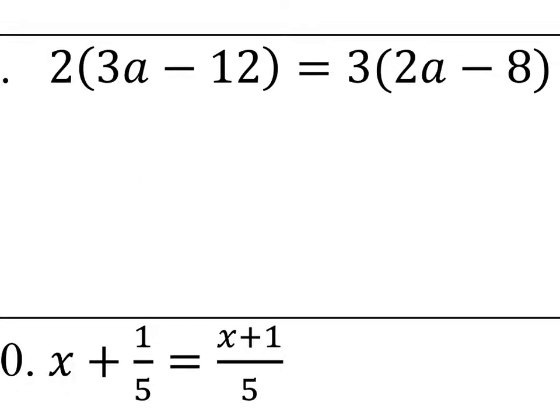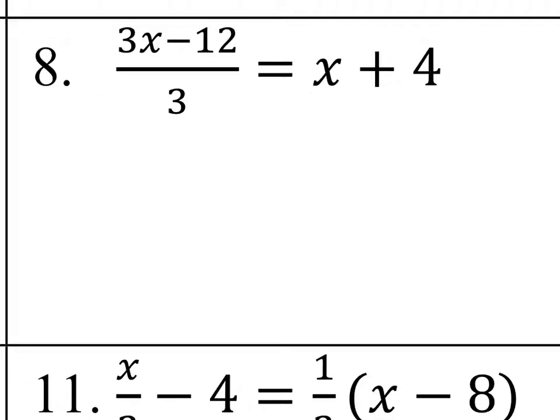Alright, what about this one? No solutions. This one has infinite solutions. After distribution, you should get the same exact values. Let's find out. For this one, we have 1 fraction. Let's split it up into 2 fractions.